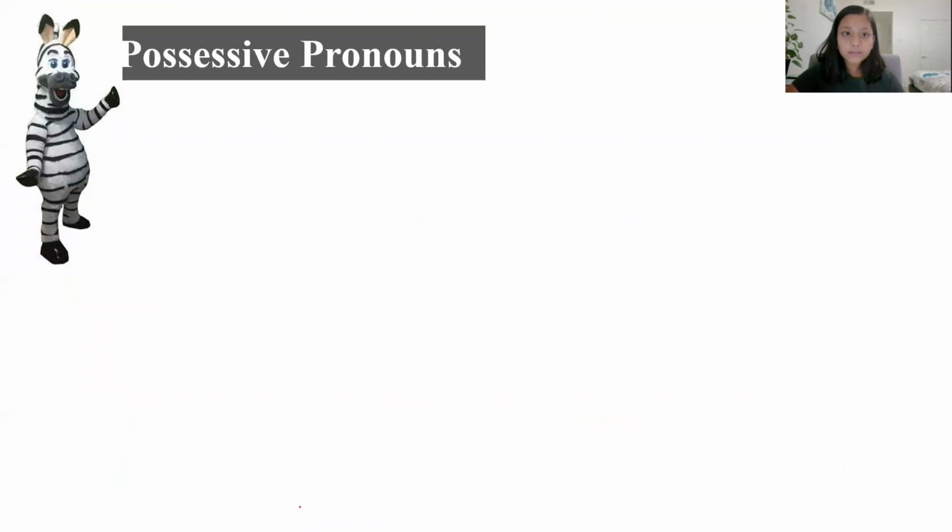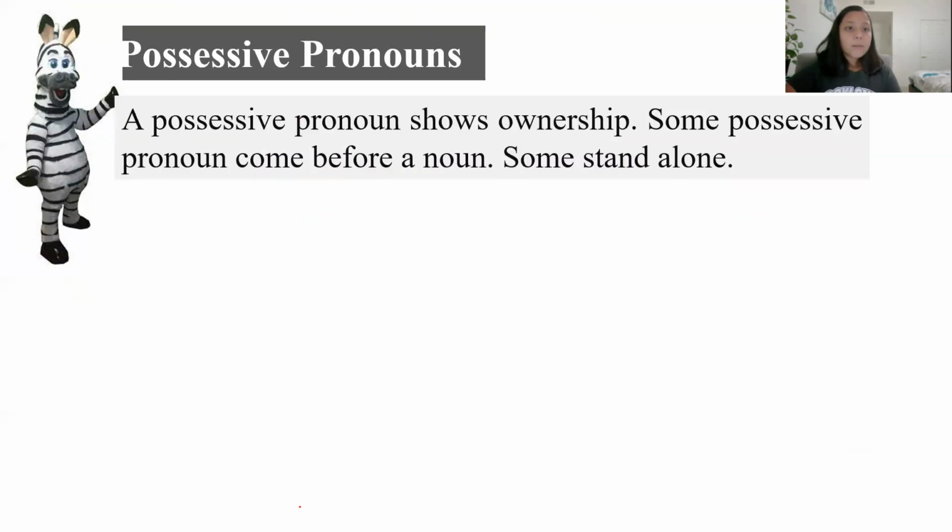Possessive pronouns. What are possessive pronouns? A possessive pronoun shows ownership. Some possessive pronouns come before a noun. Some stand alone. A possessive pronoun shows possession, like you own it.